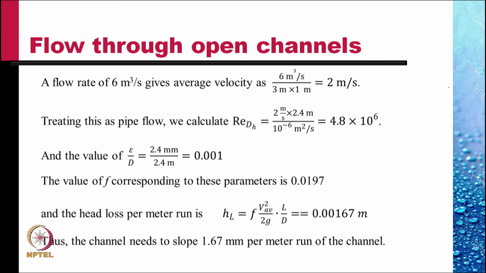This head loss is obtained purely as the head loss in elevation, since the pressure is constant, atmospheric throughout the channel, and the velocity is the same. So the channel needs to slope 1.67 millimeter per meter run of the channel.